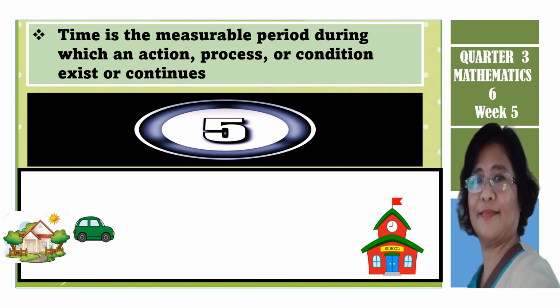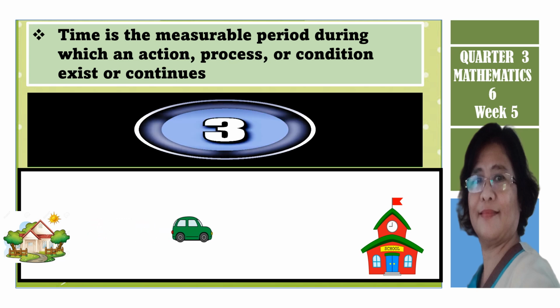Time also started. How many seconds did it travel from the house to the school? Very good. It takes 5 seconds to travel from the house to the school. 5 seconds indicate the time traveled from the house to the school.